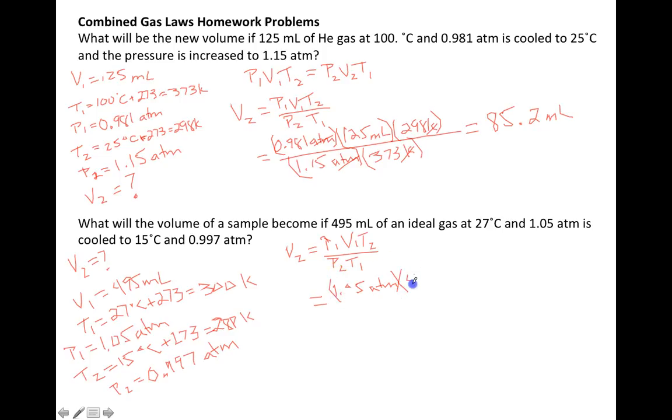V1 is 495 milliliters. And T2, this is our cooled down temp of 288.